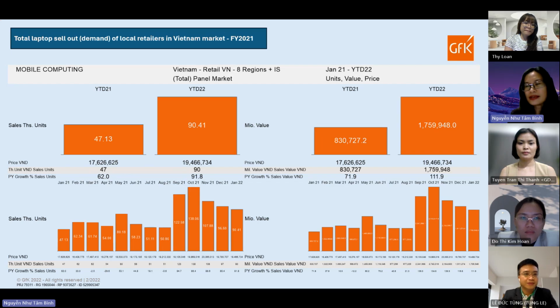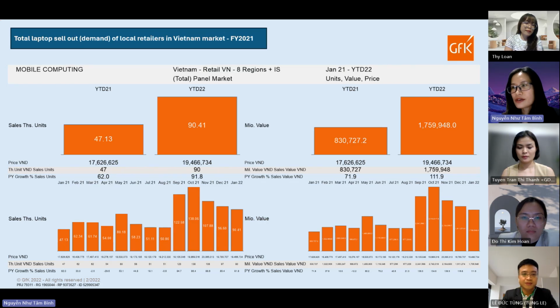So here is a standard data structure of a GfK report. The scale of laptop sales of retailers in 8 provinces of Vietnam through the years 2021, 22, and 23.